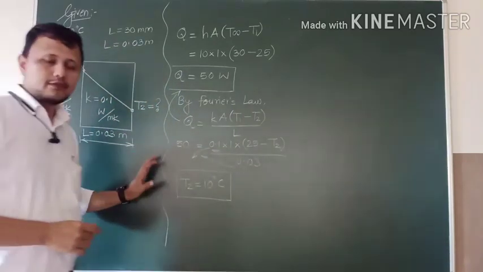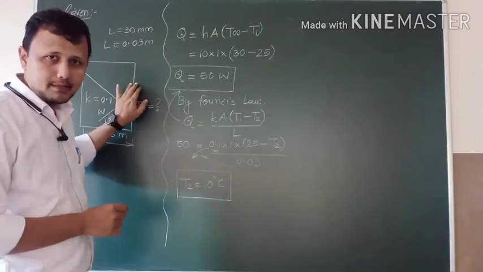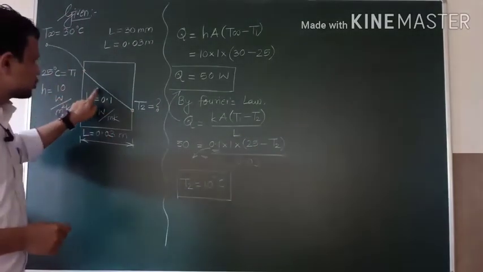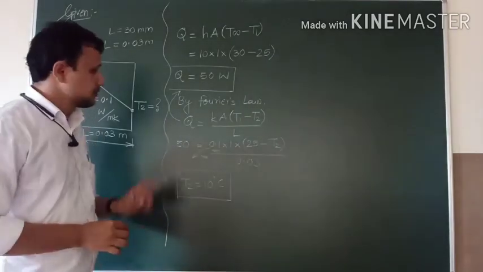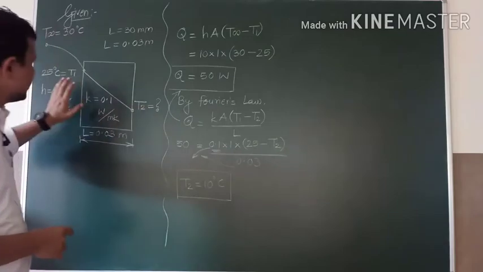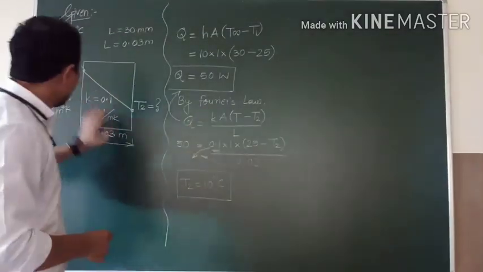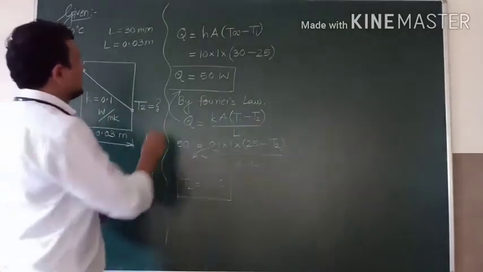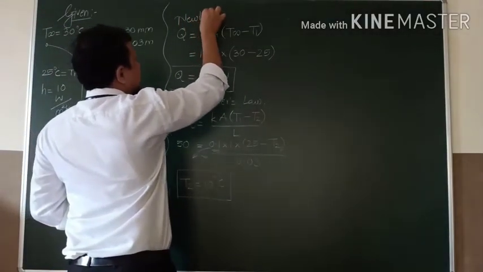So what is the objective of this fundamental problem? That you recognize the importance of the schematic diagram, you start identifying the zones in which different mechanisms of heat transfer are taking place, and you can apply suitable laws. For example, in this zone conduction was happening, so we applied Fourier's law of conduction. In this zone convection was happening, so we applied Newton's law of cooling.